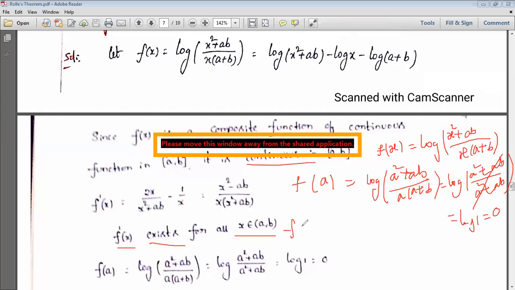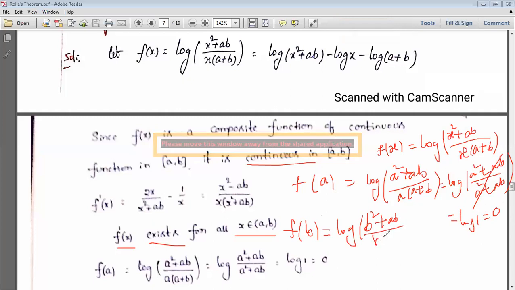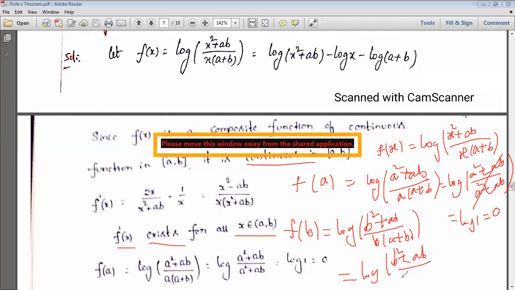In the same way we can calculate for b. So f of b is log, in place of x we substitute b, so b square plus ab by b into (a plus b). Simplifying, if you multiply b inside the terms, a into b is ab and b into b is b square.